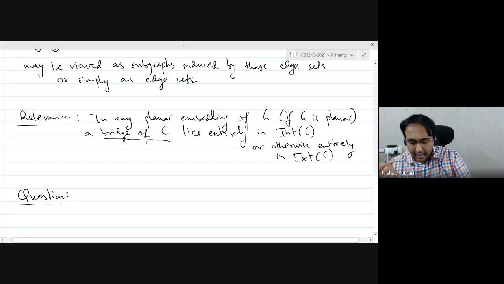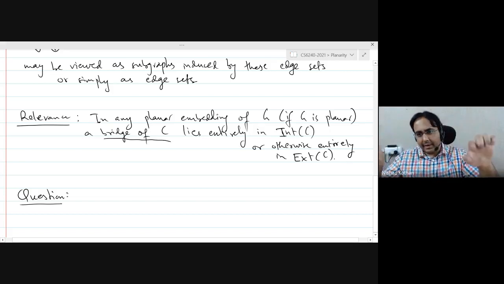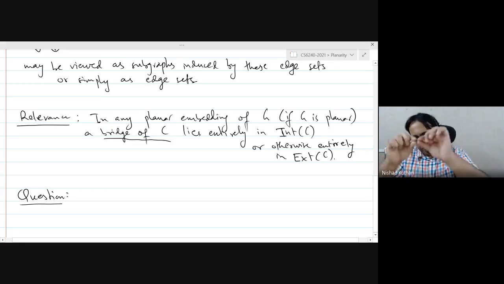Okay. In particular, let's ask the following question. If you have a cycle C in a graph, and you're trying to get a planar embedding of this graph, you will put the cycle, which will be a closed curve. And now for every bridge, you will have to make a decision. Does this bridge go in the interior of the cycle, or does it go in the exterior of the cycle? In particular, when can two bridges both be drawn inside the cycle?